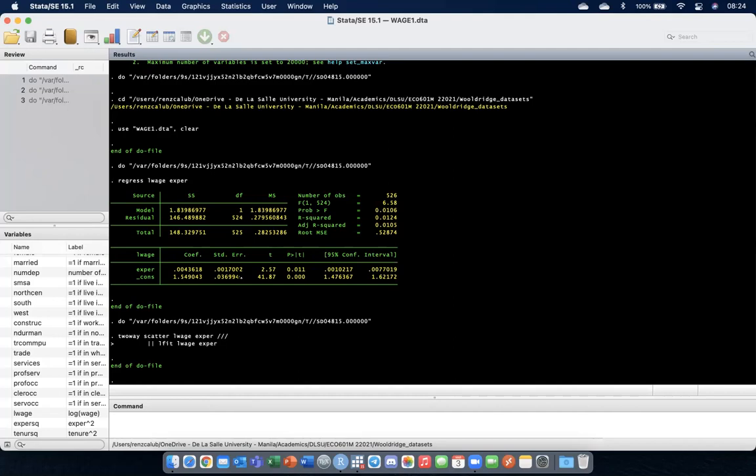Of course, other than the magnitude, the sign also matters. Given the positive sign of the coefficient, it tells you that wage responds positively with respect to experience. It increases by about 0.4%. A little small, but fine. It's still positive, 0.4% for each additional year of experience.